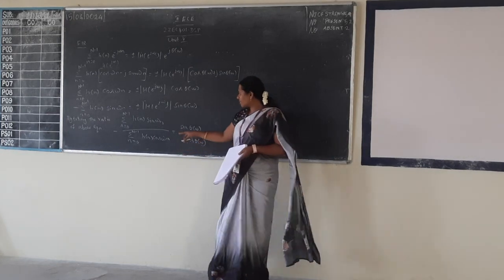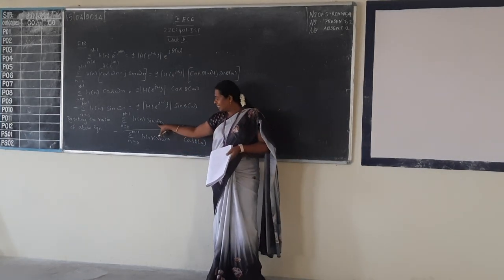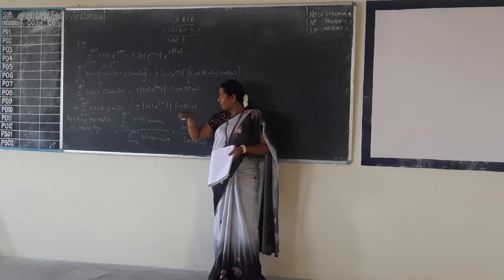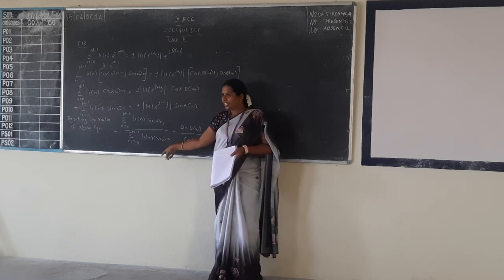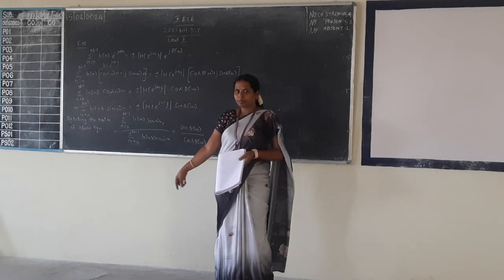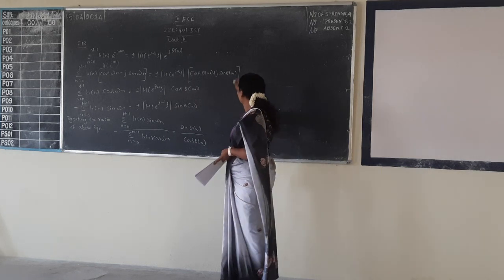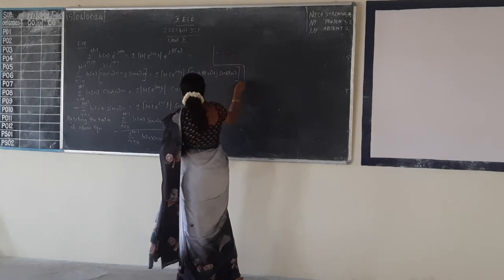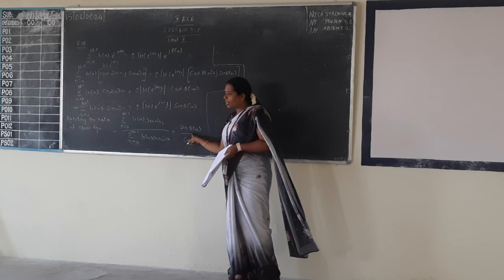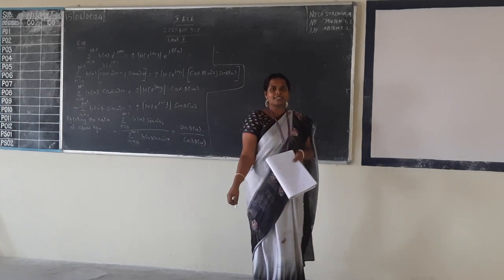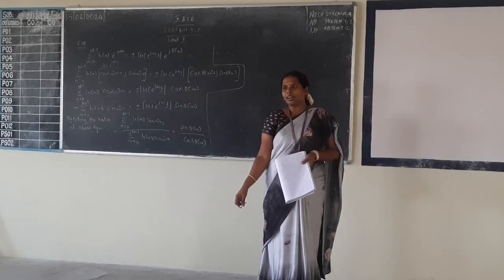So write like this. Write the imaginary term first and take the ratio. Then theta of omega we can substitute as minus alpha omega.